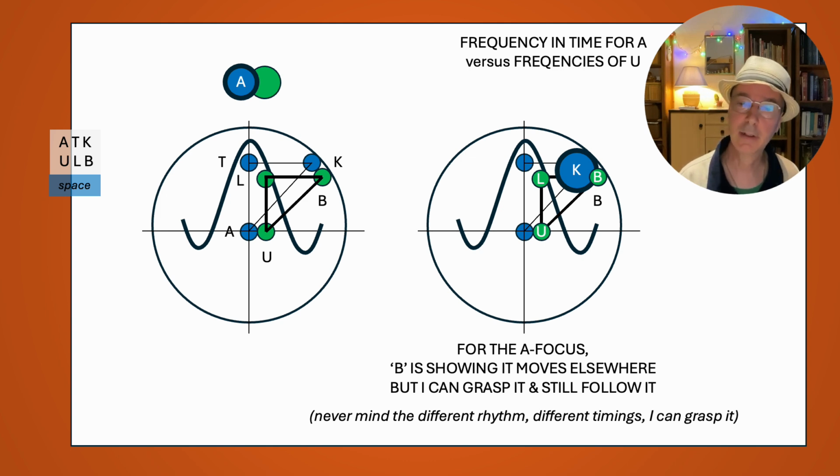The same for the B, the next, after ATK we have U, L and B, the next level then came to the letter B, compared to the previous level K. It's also at the edges, it's my edges, and the B is also still at my edges, and I can say, okay, it's at the edges of not just me, but also of you, and I can still grasp it, I can still follow it. It's something that I can still grasp in space.